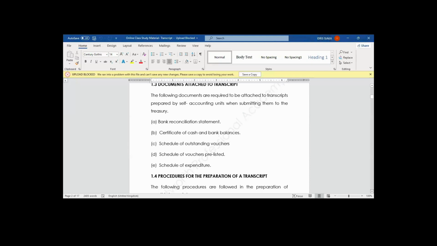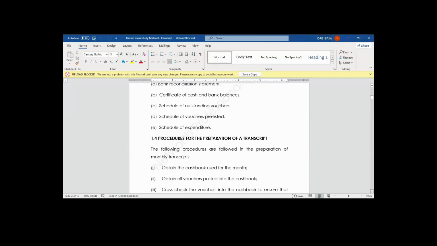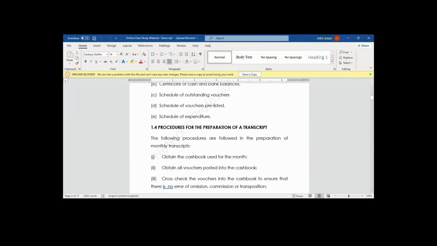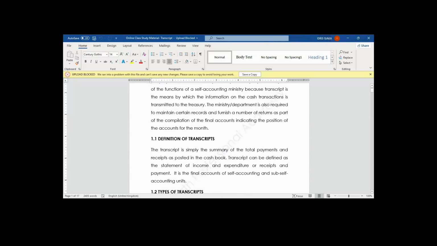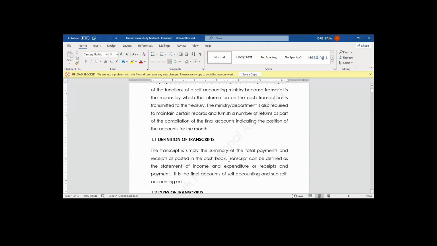Now, how do we prepare transcript? Like I said, transcript is just a summary of receipts and payments posted in the cash book on a monthly basis. What that means is that we prepare transcript every month. It is transcript that we prepare before we prepare cash book.